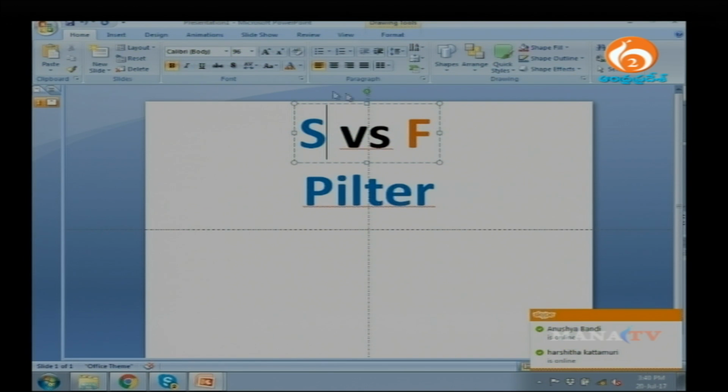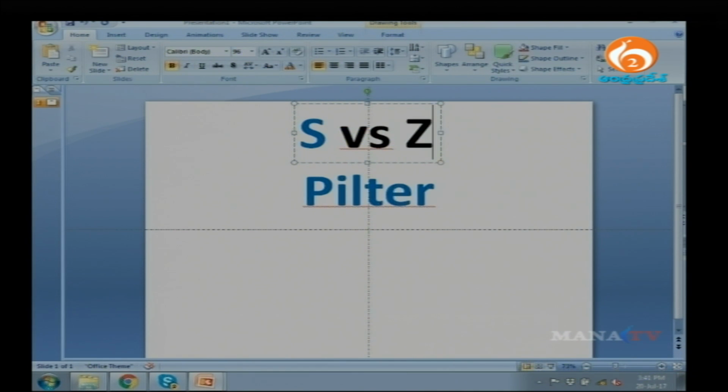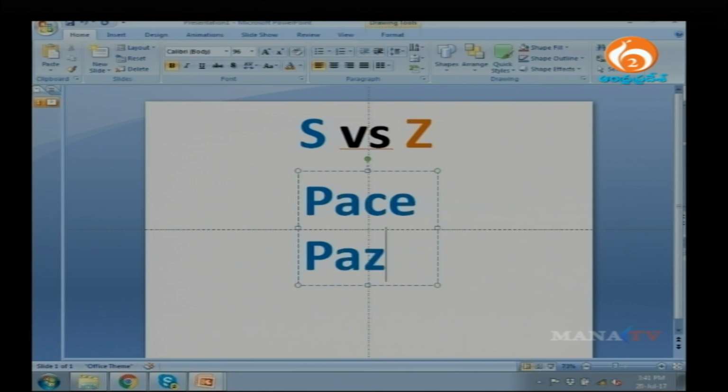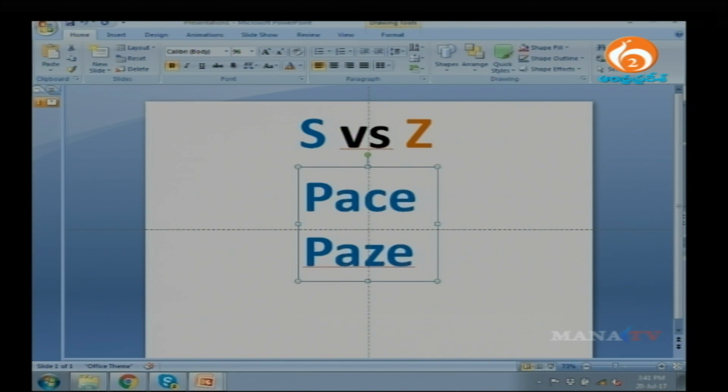For example, let me quickly get you certain examples here. If I have a word which is pace, even though the letter is C, the pronunciation is s. Instead of saying pace, they end up saying pays. All right.